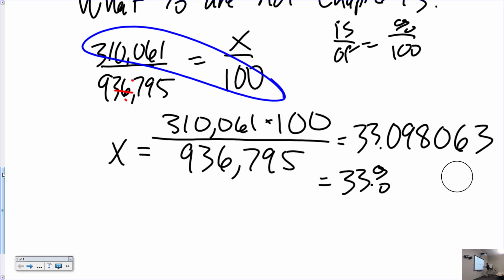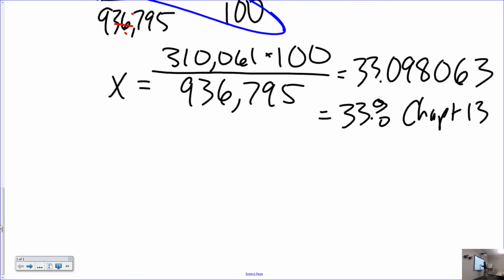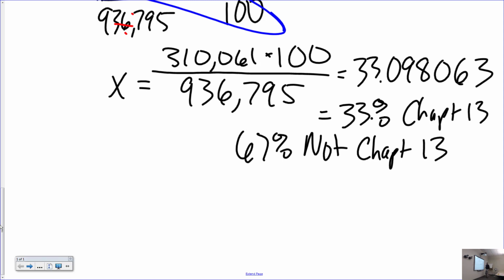So how do we get the not chapter 13s? Subtract that from 100%, get the complement: 33% gives 67%. So 67% not chapter 13.